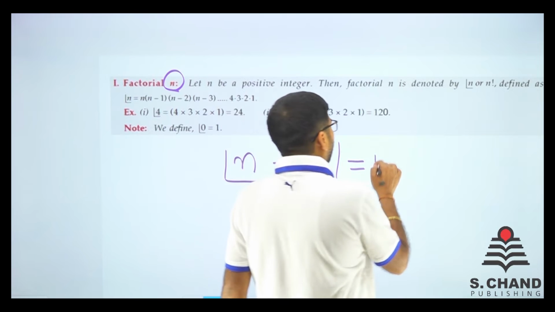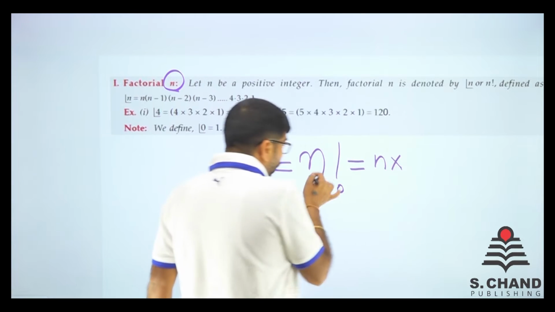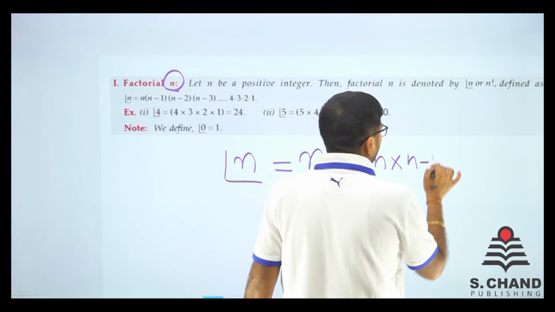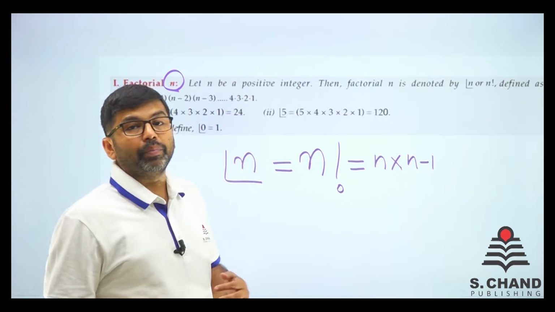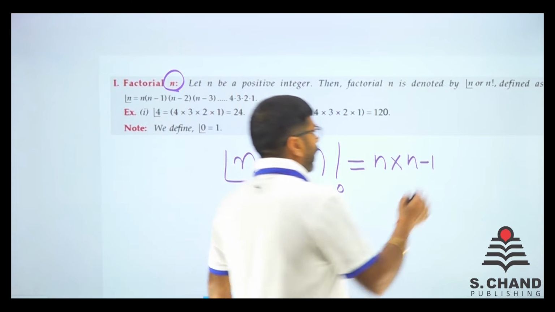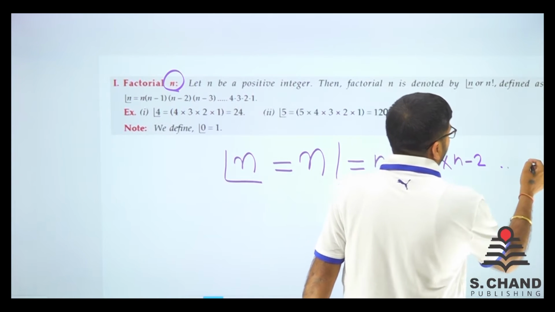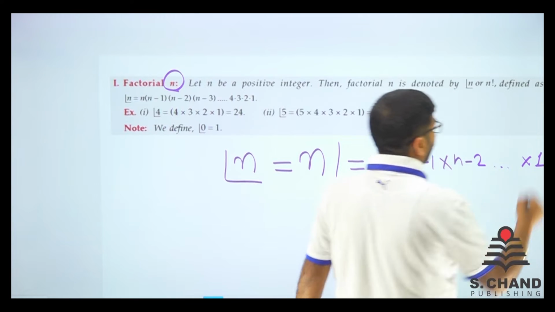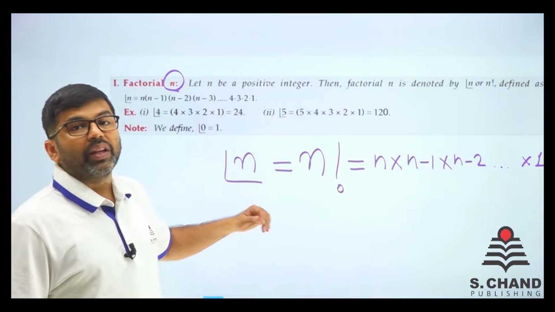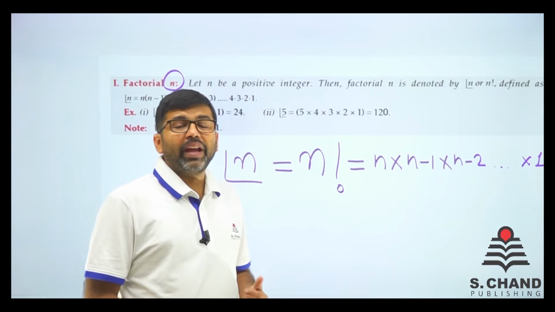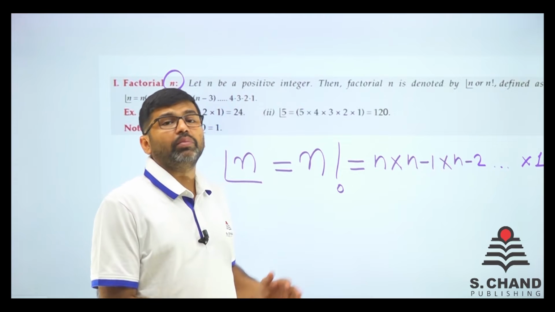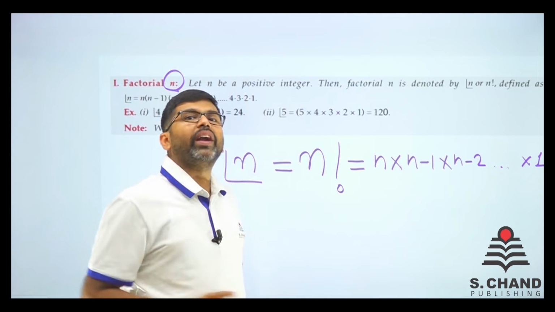n factorial is what you get when you multiply n into n minus 1, the number before this number, into n minus 2, and so on, till we get to 1. Whatever the number is, just multiply it by its previous number, and the previous number, till you get to 1.